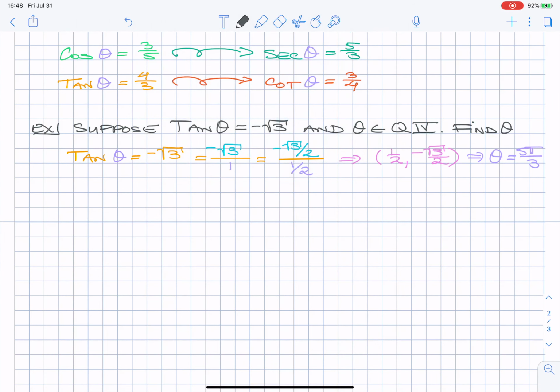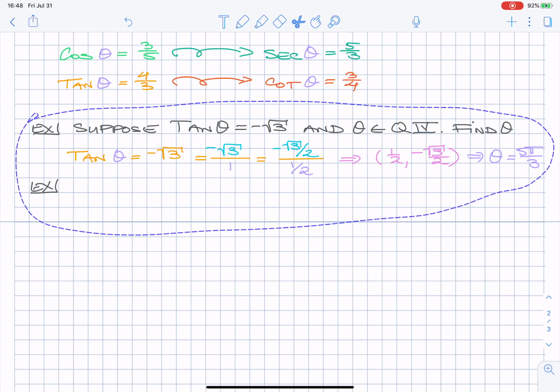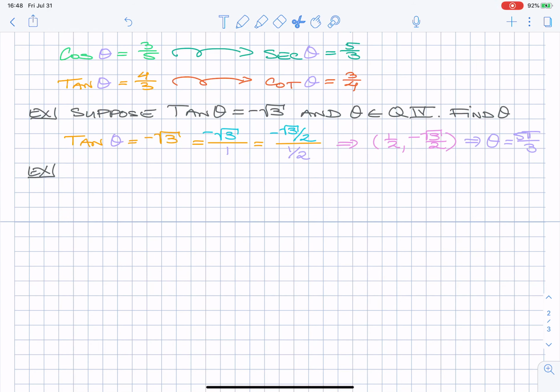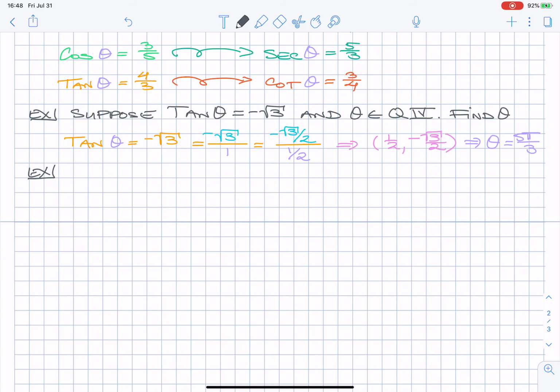Do I have enough room to do another example? Maybe if I move this up a bit. Let's move these up just one line. Let's do one more. So suppose cosecant of phi, let's make it a phi this time, is the square root of 2.